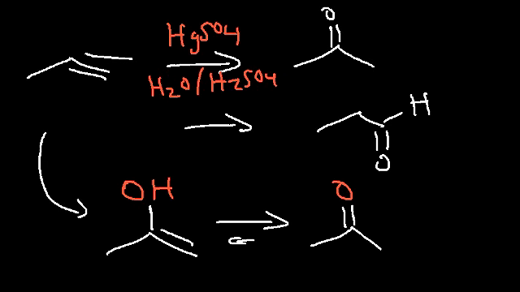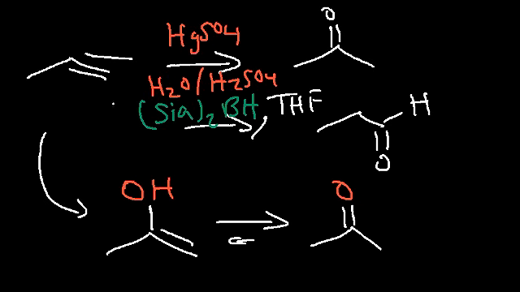Now for the next one, if you want to make the aldehyde, you need to use a reaction that's similar to hydroboration. But notice that there's only 1 hydrogen on the boron, it's not 3. Otherwise you'll get some interesting side products. But other than that, it's very similar to the hydroboration oxidation reaction. Now initially, you're going to get an enol that looks like this.